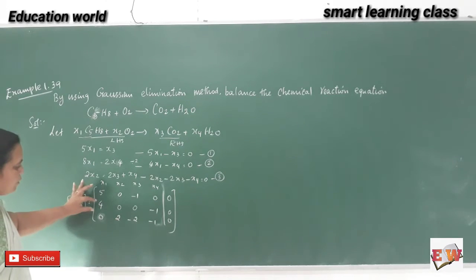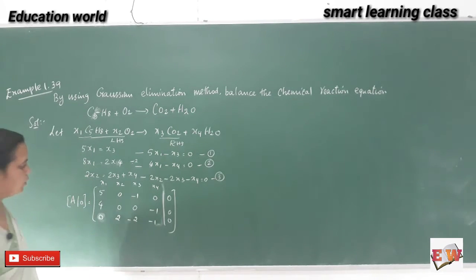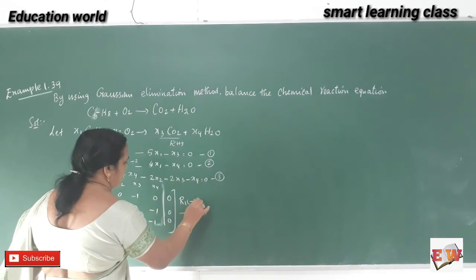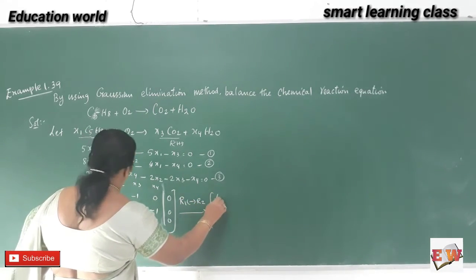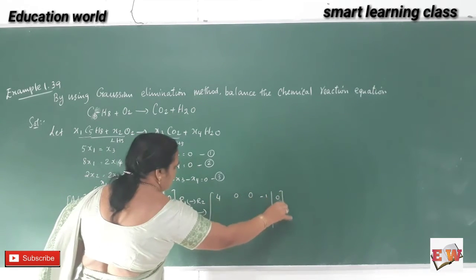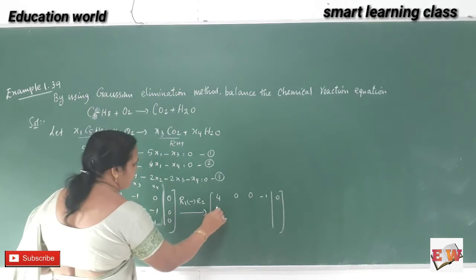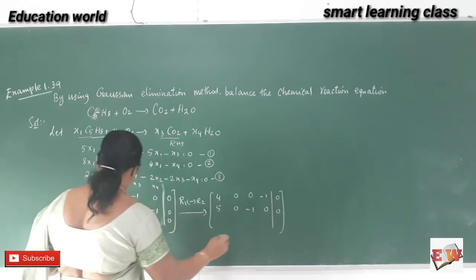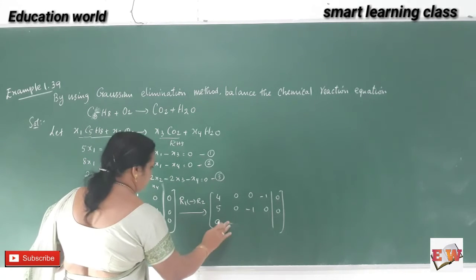Now we have to interchange this R1 to R2. Four 0 0 minus 1, 5 0 minus 1 0, 0 0.